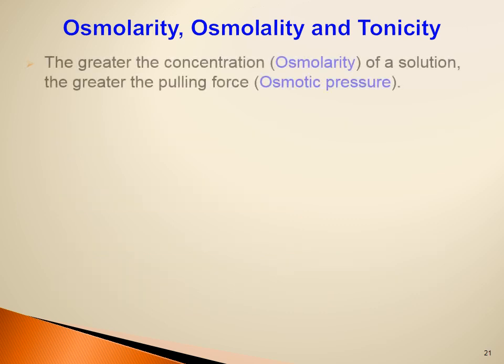The greater the concentration of a solute in a solution, or in other words, the greater the osmolarity of a solution, the greater will be the pulling force or the osmotic pressure of that solution.